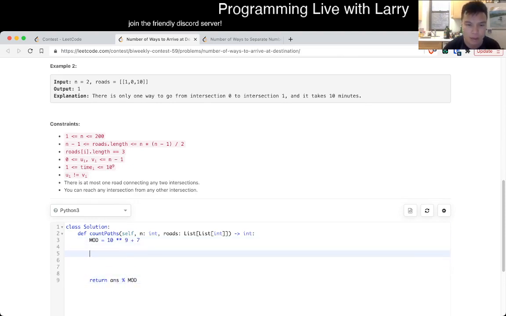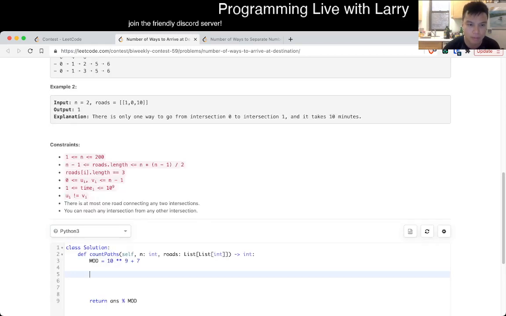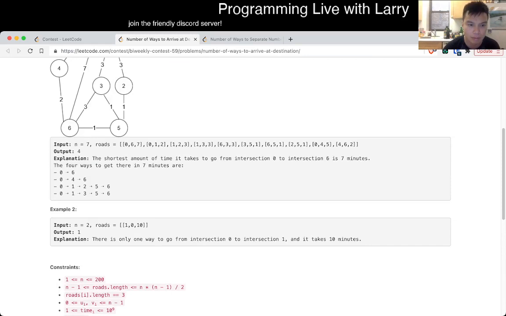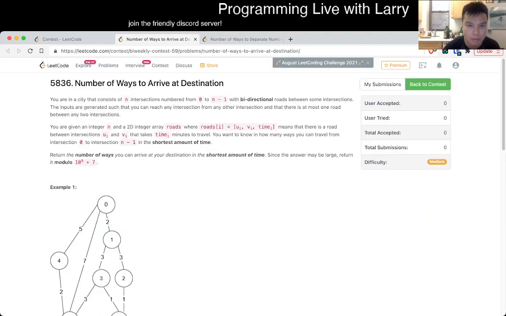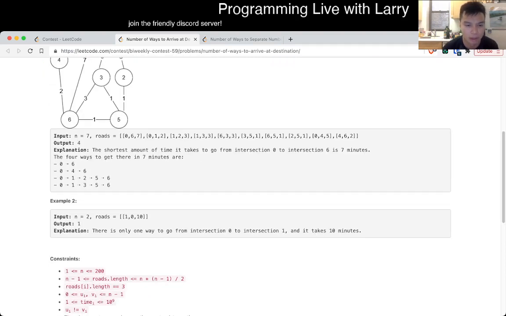Mod, so. So there's no cycles, because that's the tricky part, because if there's cycles then you wouldn't be able to do it.